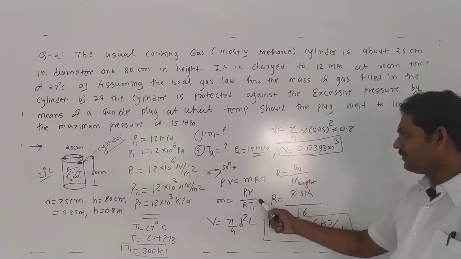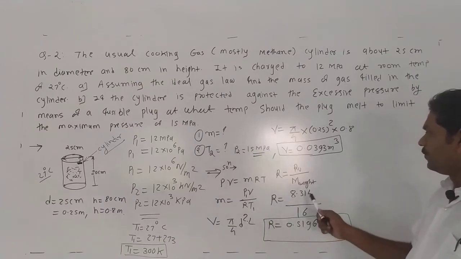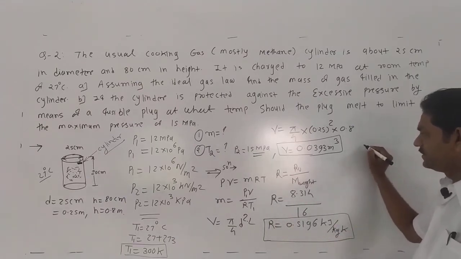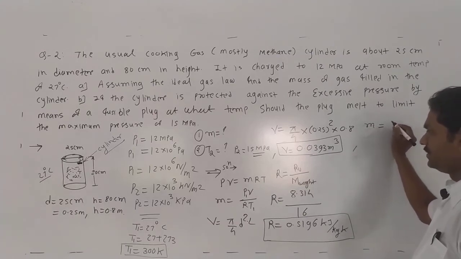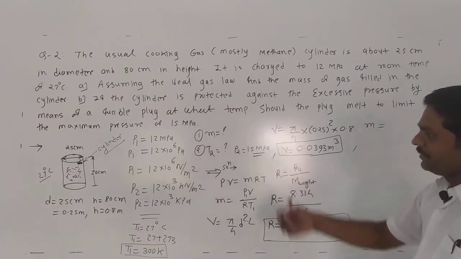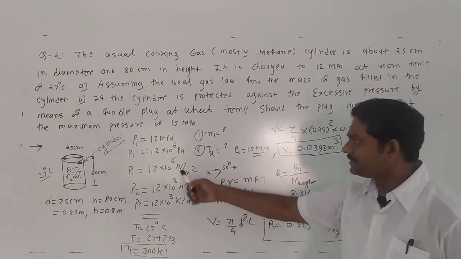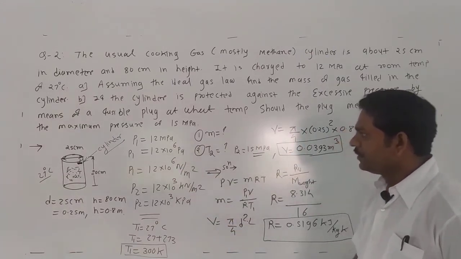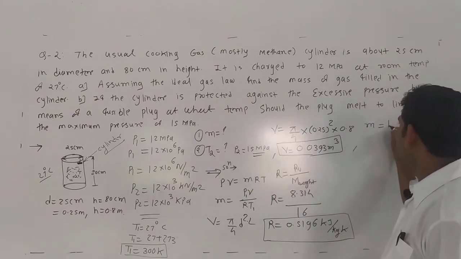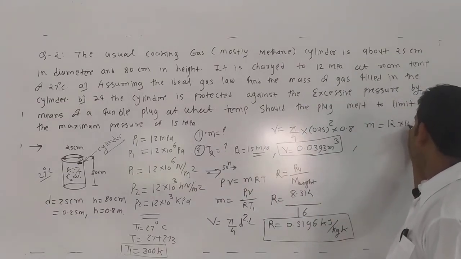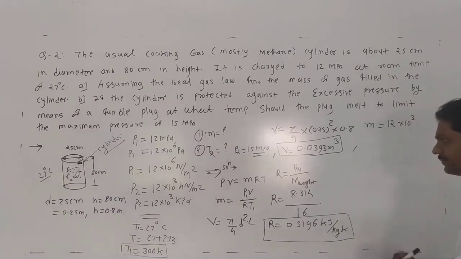So just put in the equation to determine the mass. M is equal to P1. P1 we write in kilopascals, so converting, how much is it? 12 into 10 to the power 3, right?